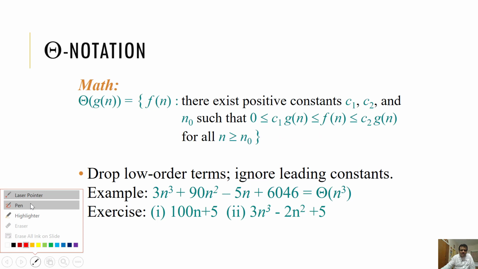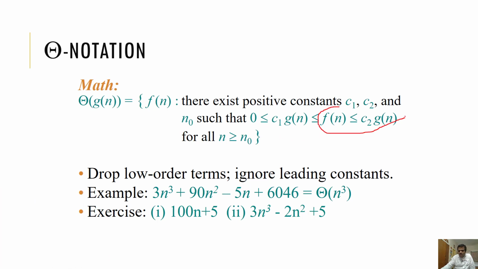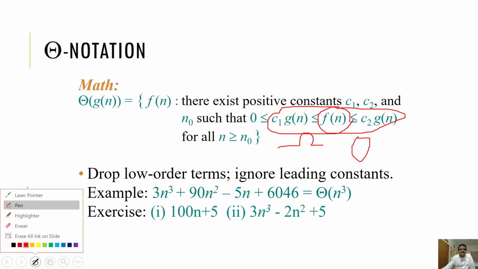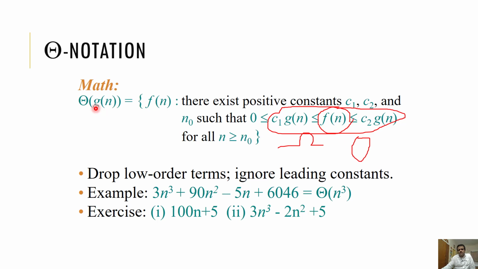So, if f(n) is both big O and big omega of g(n), then we say it is big theta of g(n). For example, we can prove this is a big O of n cube and also a big omega of n cube. So, finally, we can show that it is a big theta of n cube.